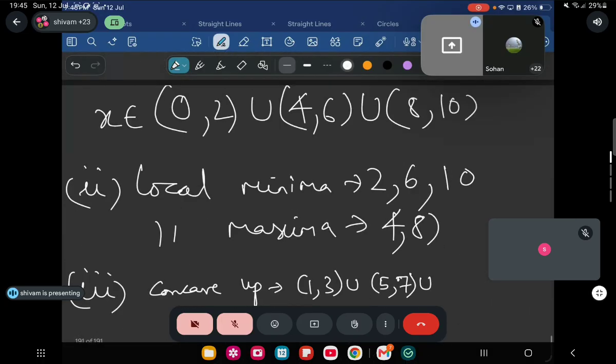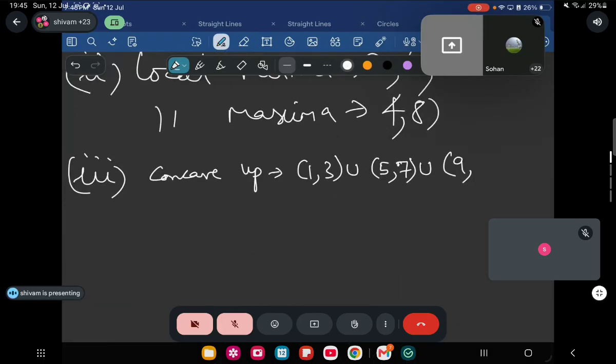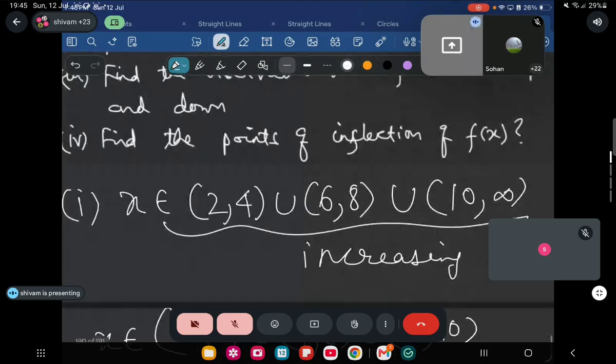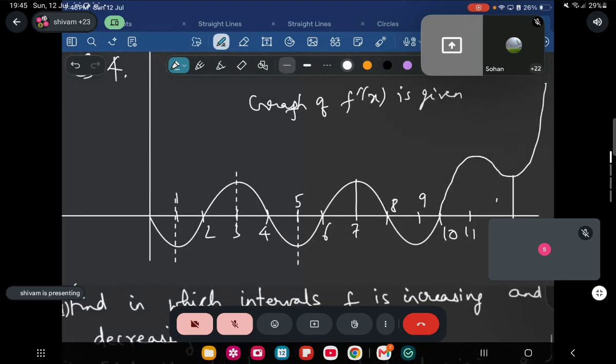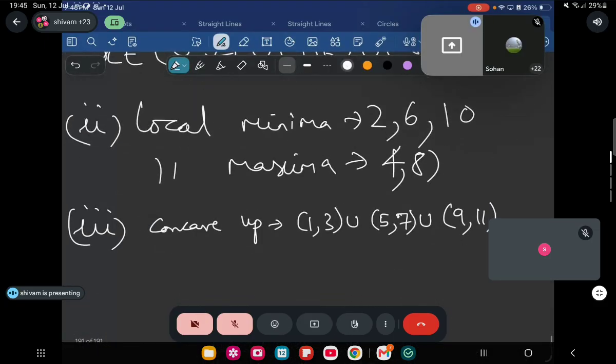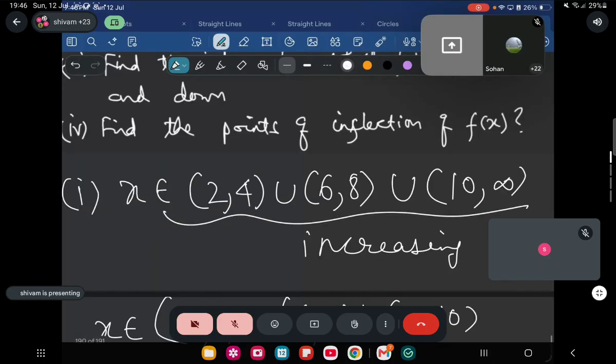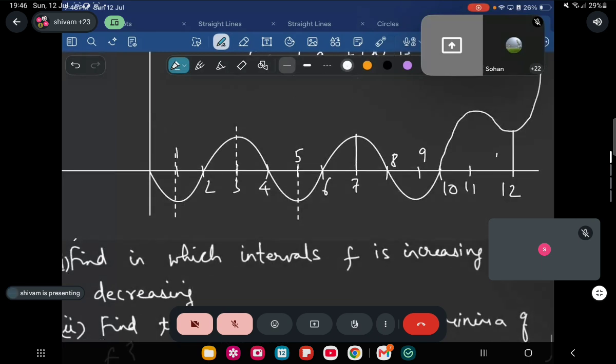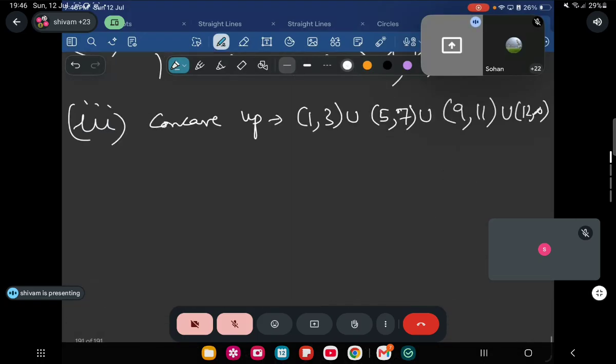Right, tell me. Yes. Concave up. Okay. And anything else? 12 to infinity also. It is increasing, right? Wherever f dash x is increasing, the graph is concave up. Tell me, are you getting? Shana, is it clear? Trina, have you understood? Tell me. Okay, I think I have done it correctly.